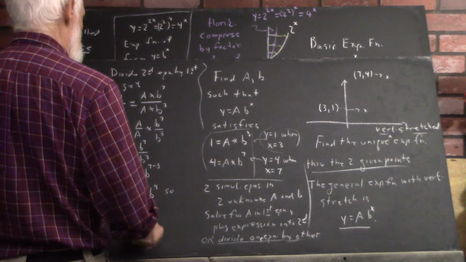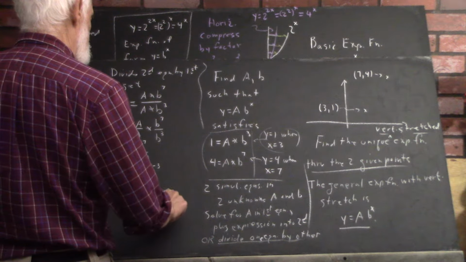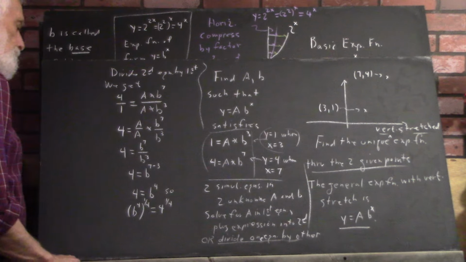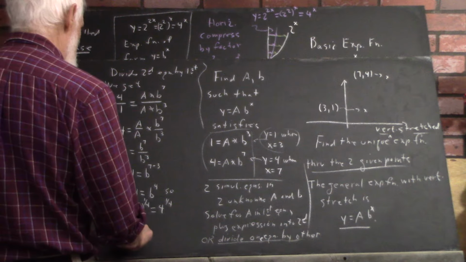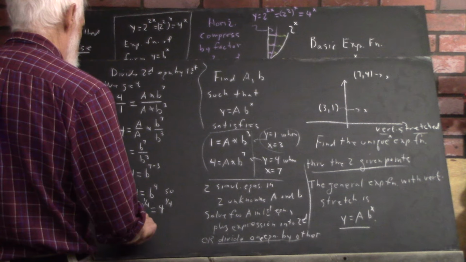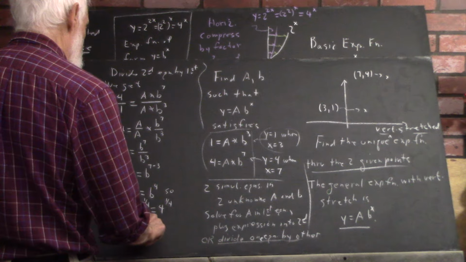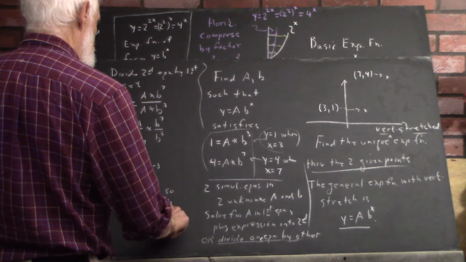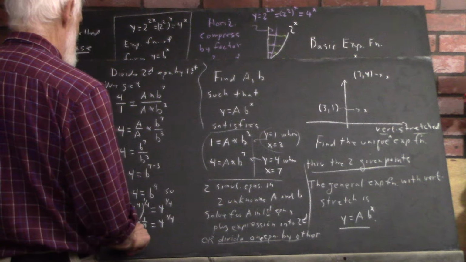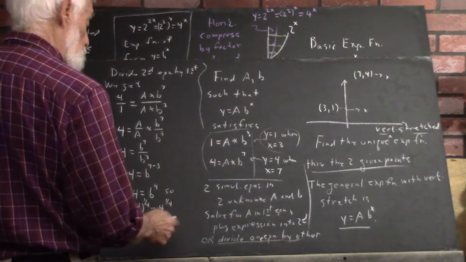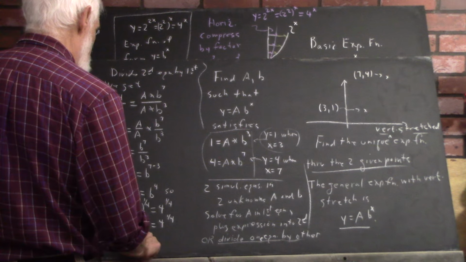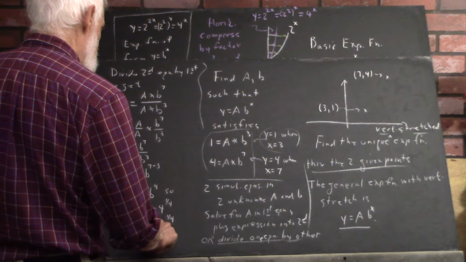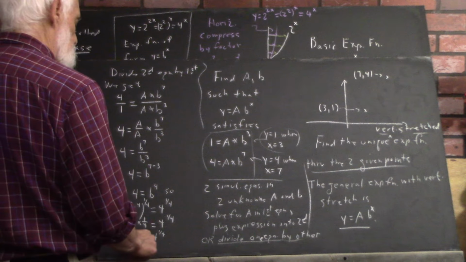So b to the 4th raised to the 1/4 power equals 4 raised to the 1/4 power. B to the 4th to the 1/4 is b to the 4 times 1/4. Four times 1/4 is 1. So that's just b to the 1 equals 4 to the 1/4. And that's just b.